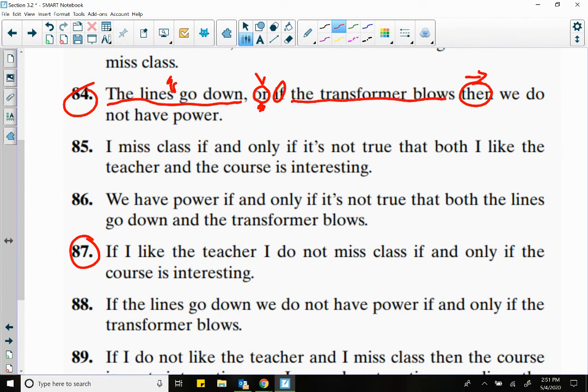The transformer blows. That's an entirely new statement. So let's call that, actually, I don't know why I called this Q. I think I called it P, but I wrote a Q. But it should be P. This guy over here is Q because it's an entirely new statement. And then we do not have power. So there's a not. And this is an entirely new statement. So this is squiggle R.